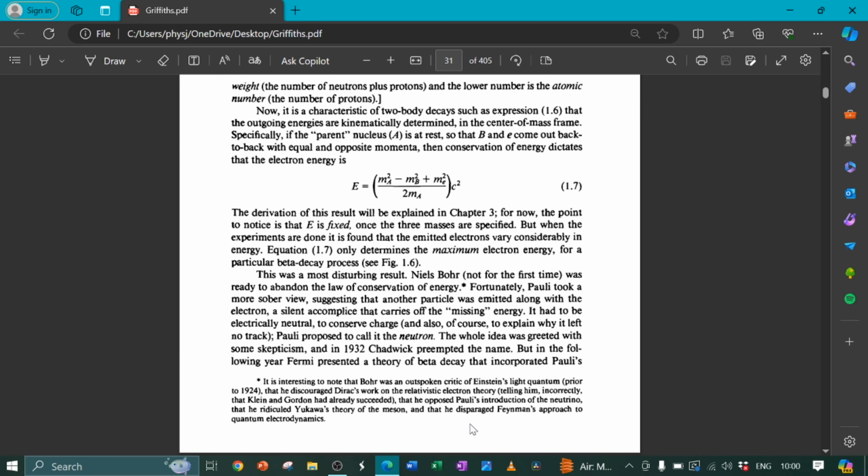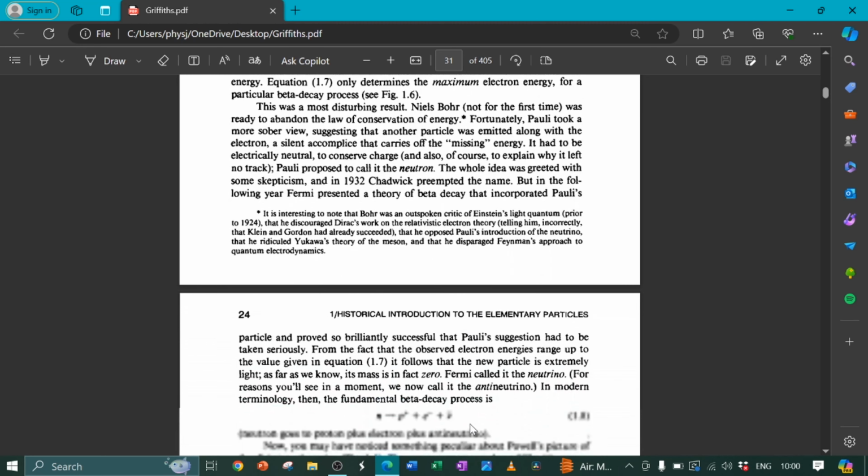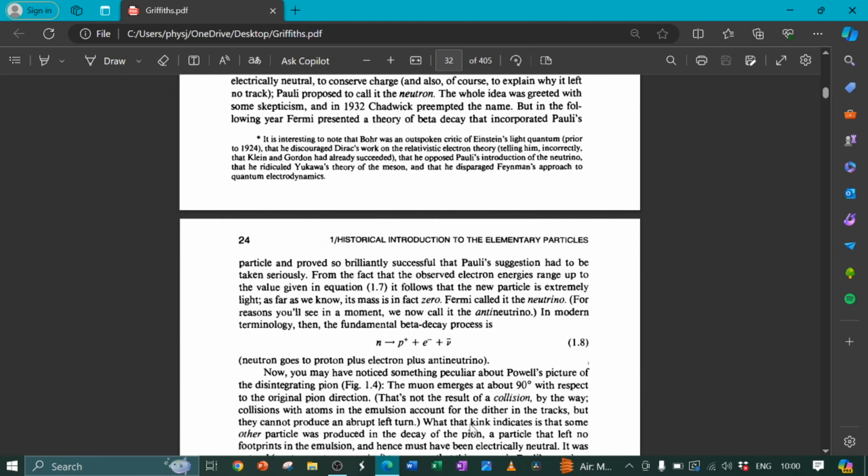The whole idea was greeted with some skepticism, and in 1932, Chadwick preempted the name. But in the following year, Fermi presented a theory of beta decay that incorporated Pauli's particle and proved so brilliantly successful that Pauli's suggestion had to be taken seriously.